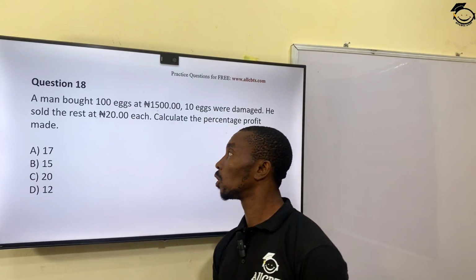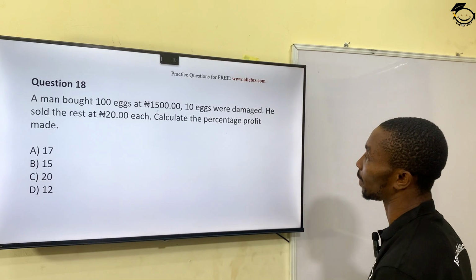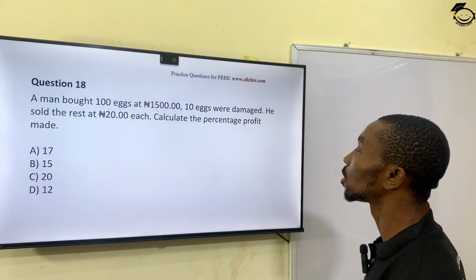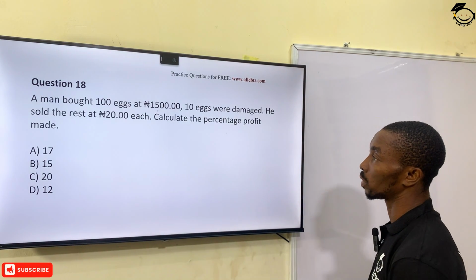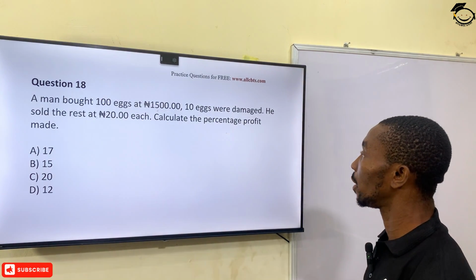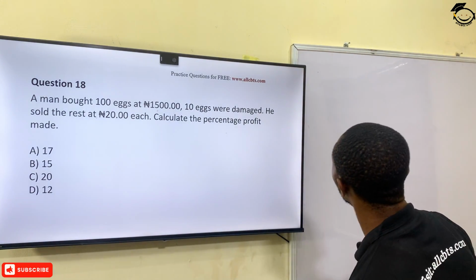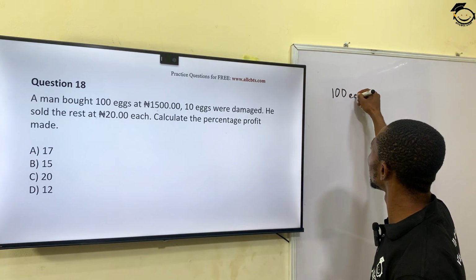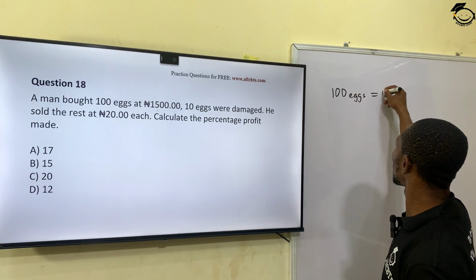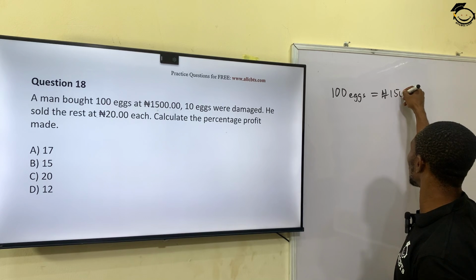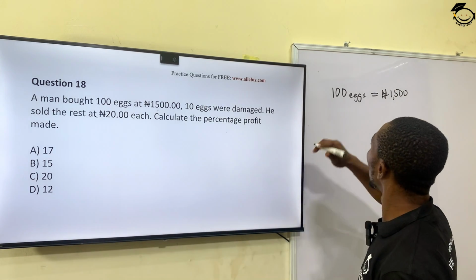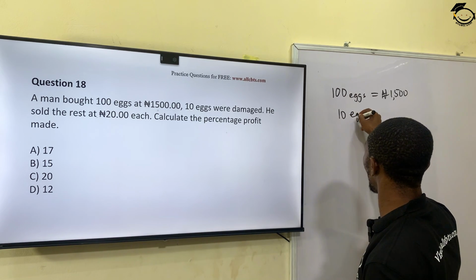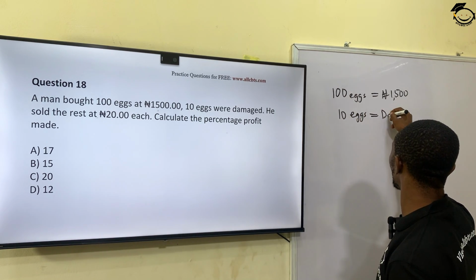A man bought 100 eggs at 1,500 naira. 10 eggs were damaged. He sold the rest at 20 naira each. Calculate the percentage profit made. Now, he bought 100 eggs at 1,500. Out of this 100, 10 eggs were damaged.